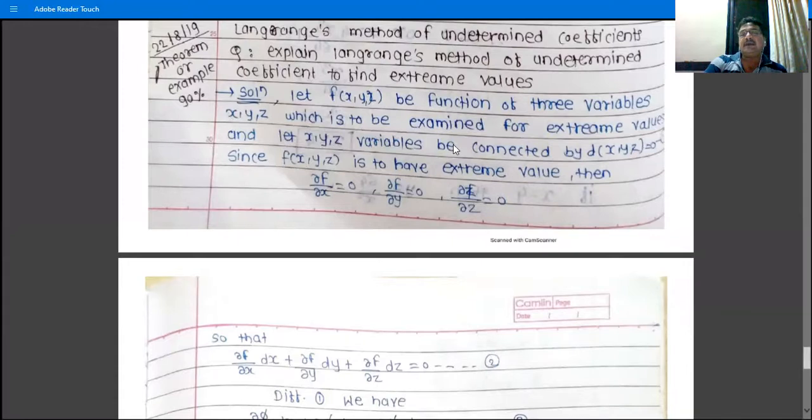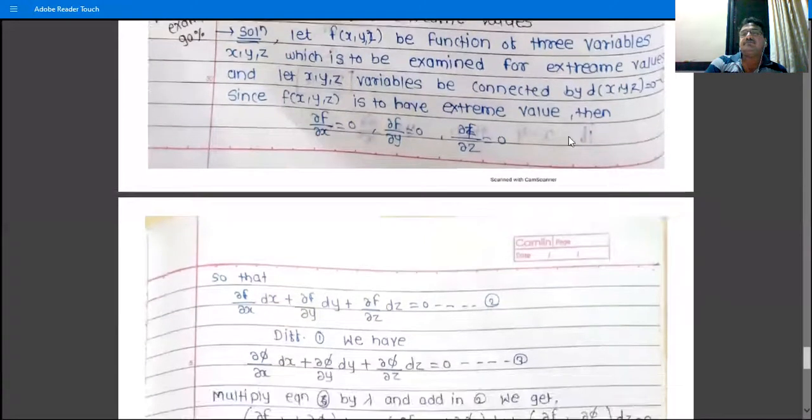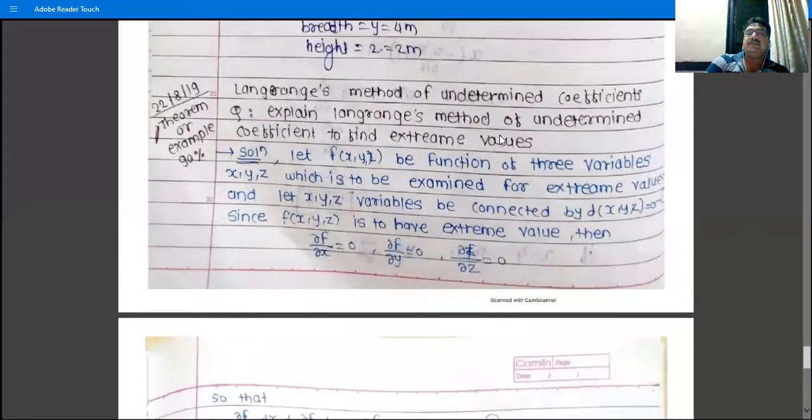That is, we have to find the extreme value of the function f(x, y, z). And let these variables x, y, z be connected by another relation, g(x, y, z) equal to 0. This is another relation between x, y, z, called a constraint. One condition is given. So the function is given and one condition is given in the example.